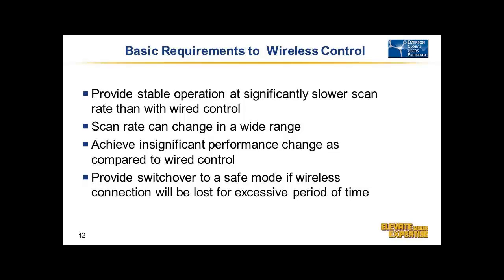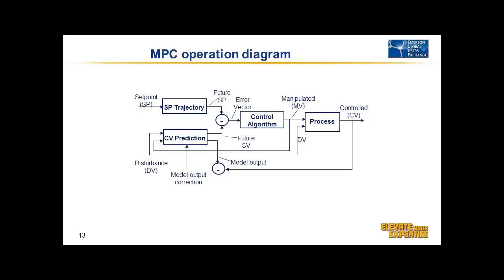not be transmitting measurements. To solve this problem, we looked at MPC operation, what is the principle of that operation, and what is basic here. I won't go into detail now. MPC works based on the model. The model gives the CV prediction.